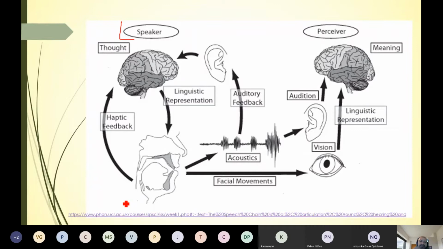And the air leaves the body, so it's egressive, right? Pulmonic and egressive energy leaving your body.